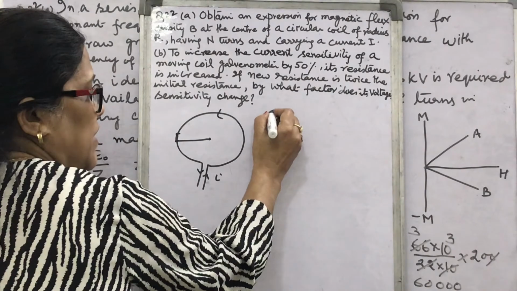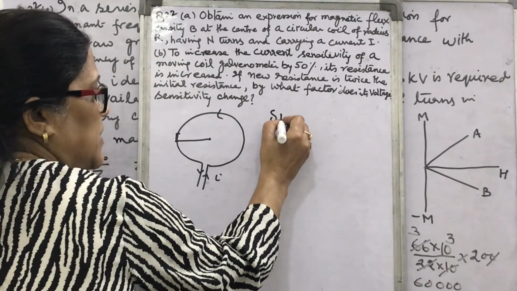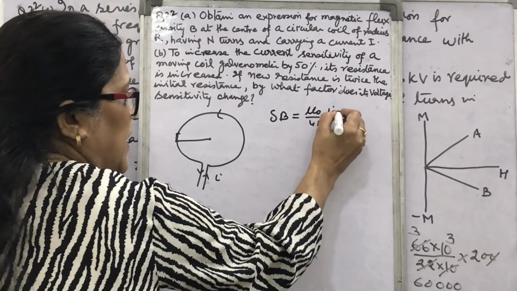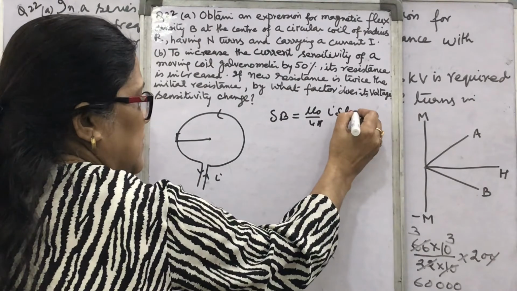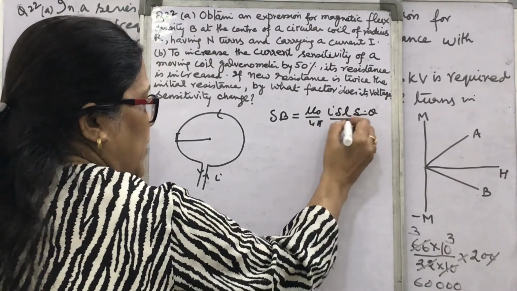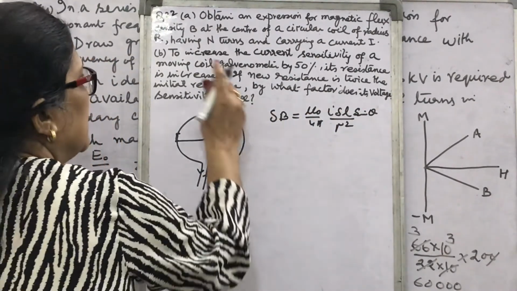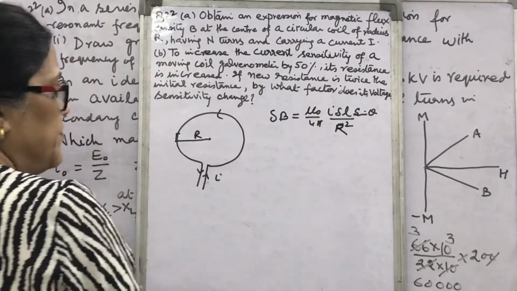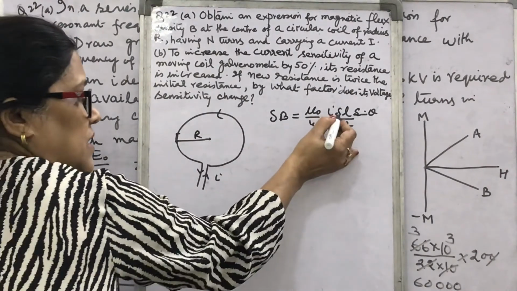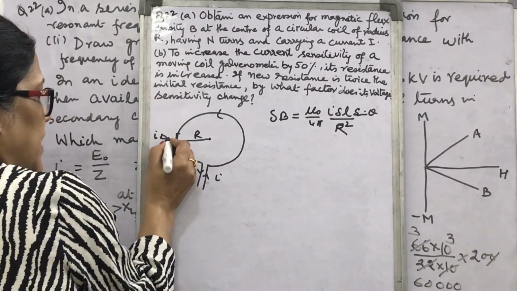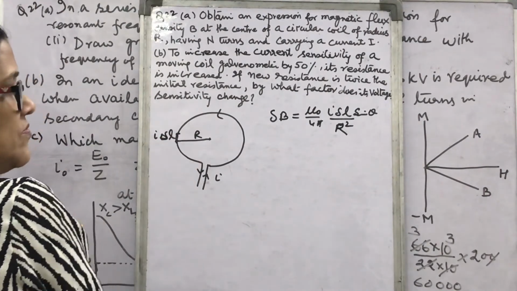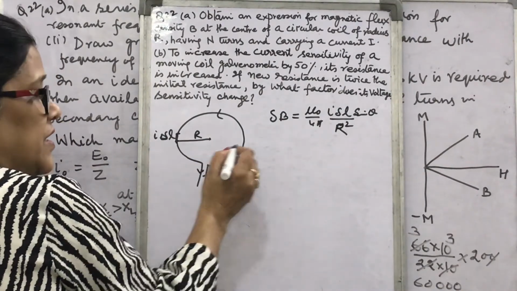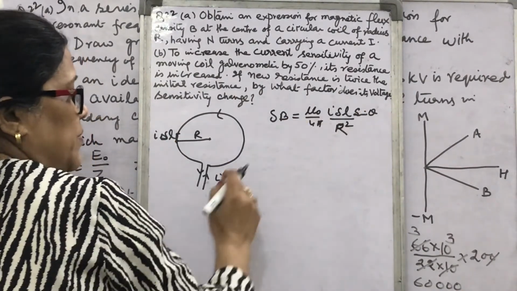As per Biot-Savart law, this delta B is given by mu naught upon 4 pi, I delta L sin theta upon R square, where this is the radius R and this is the small delta L current element. Here theta will be 90 as the radius and tangent are perpendicular, so sin 90 will be 1.